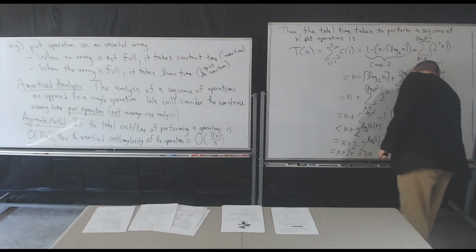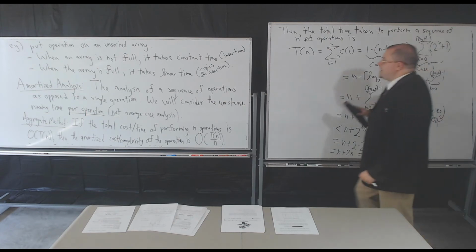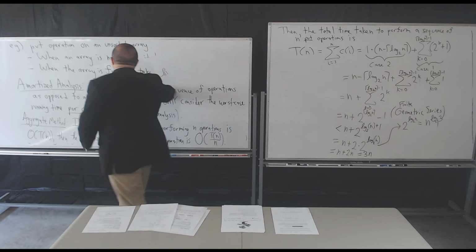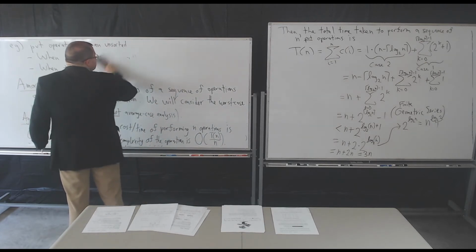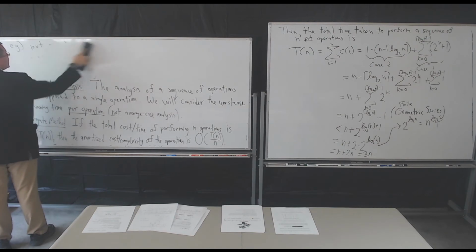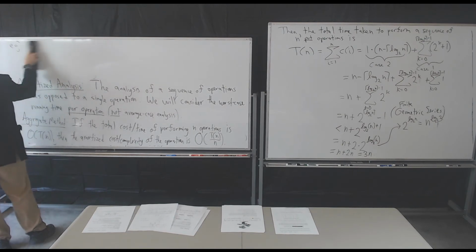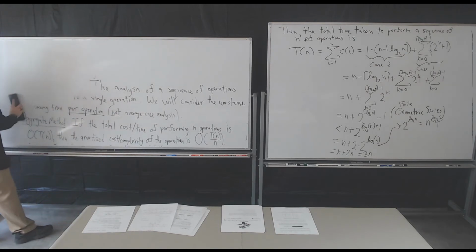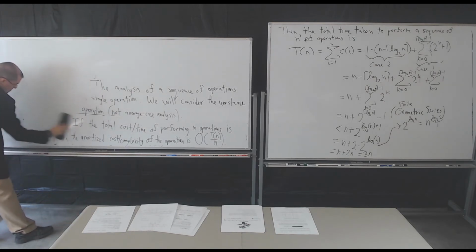What happens instead when we talk about resizing by a constant? Which is something that some people might suggest you try doing. So what do I mean by that? Imagine you start off with an array of length 1. And then every single time, you increase the length of the array by like 5 or 10 or 20.